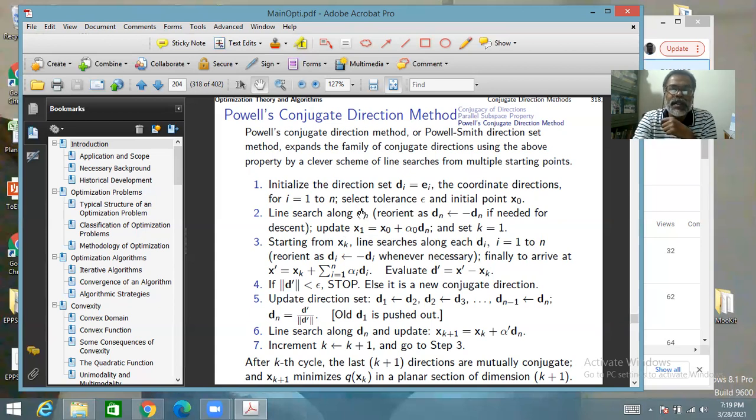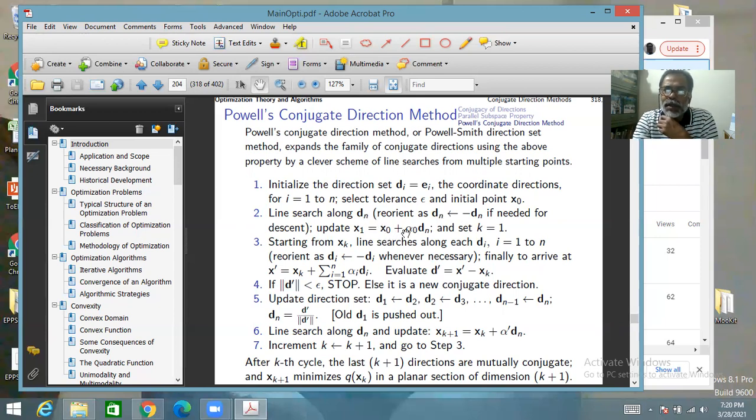If necessary, you will put it negative, because if you find that along positive dn the function increases, then you will go along negative dn and call that dn. Now it will not be en anymore in that case. But those e1, e2, e3, e4 will be slowly replaced with conjugate directions which get generated in the process.